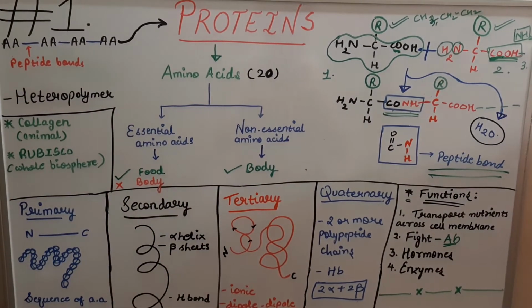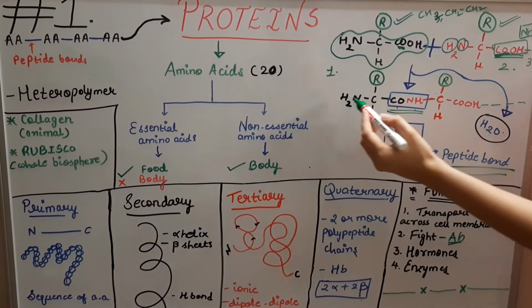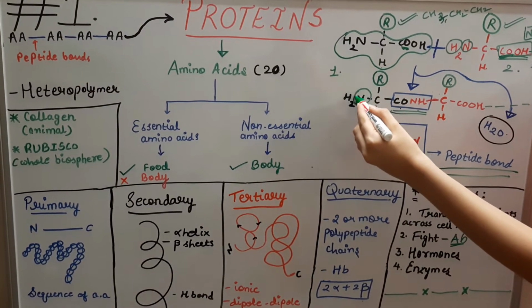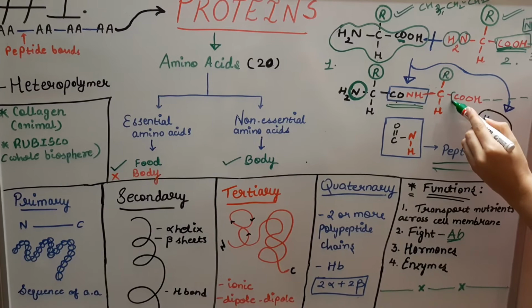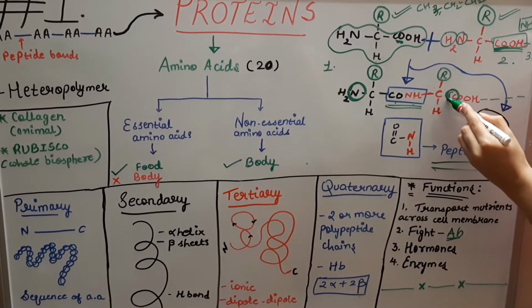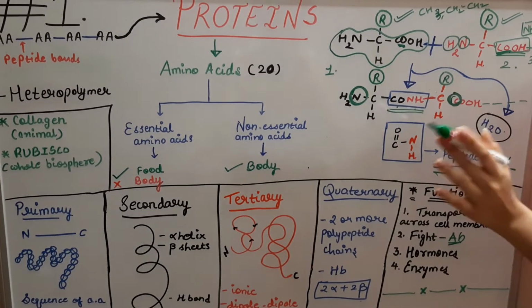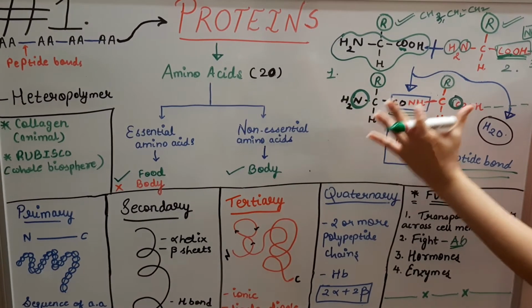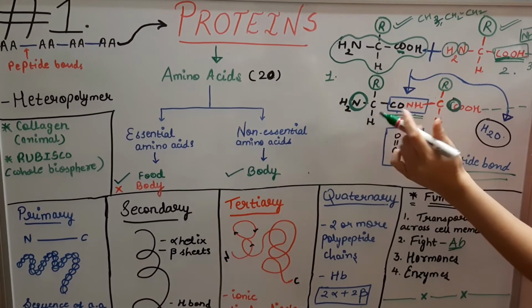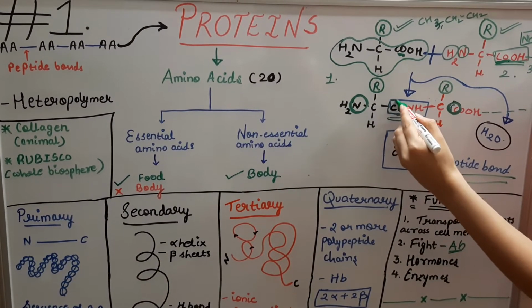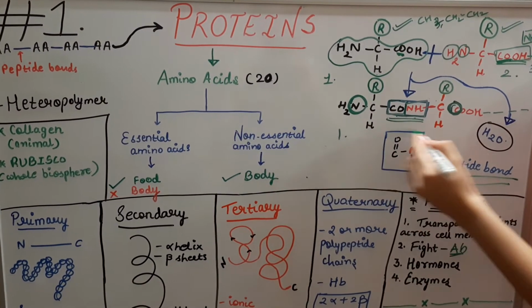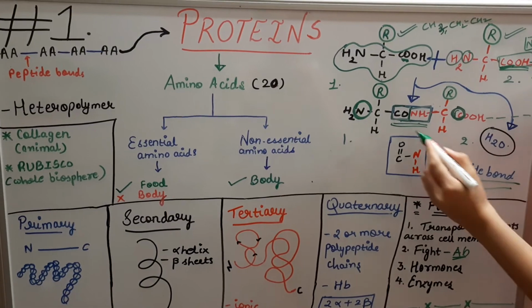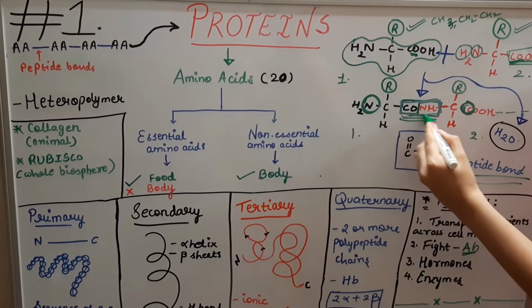Okay, so now it is said that the N terminal of the first amino acid is free in a protein, and the C terminal of the last amino acid is free in the protein. Why is it said? See, in peptide bond formation, the CO of one amino acid and NH of the second amino acid are involved.